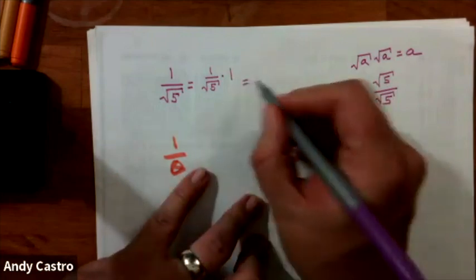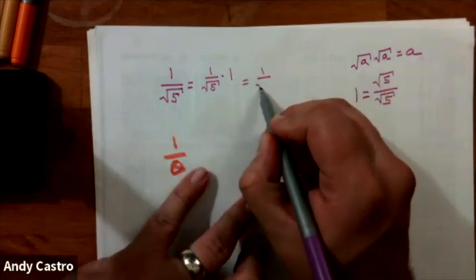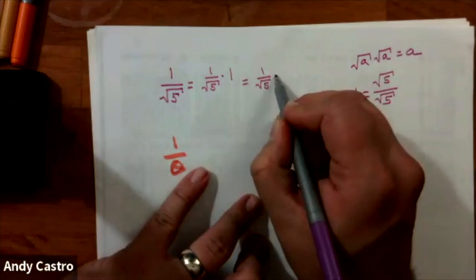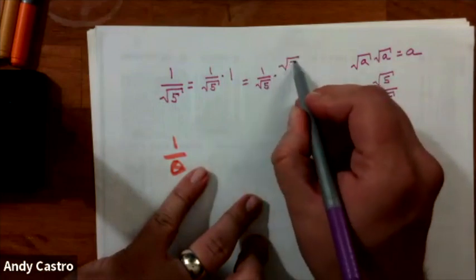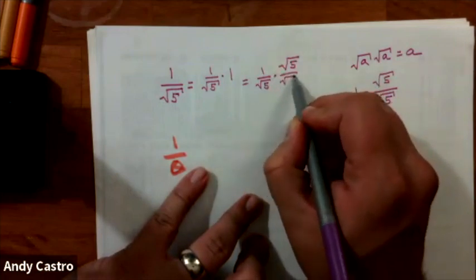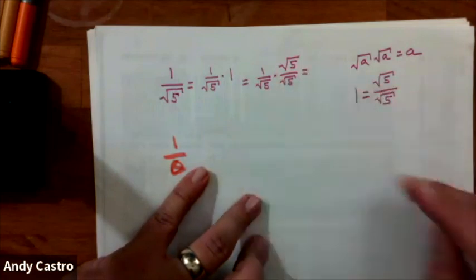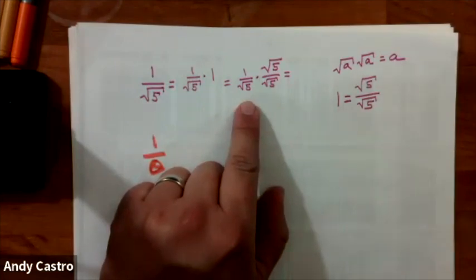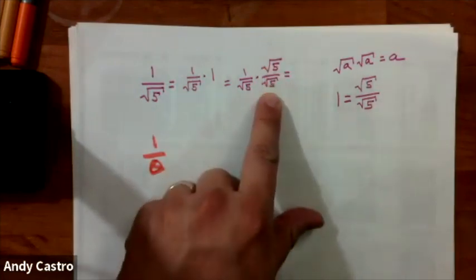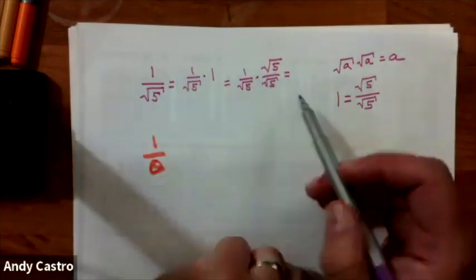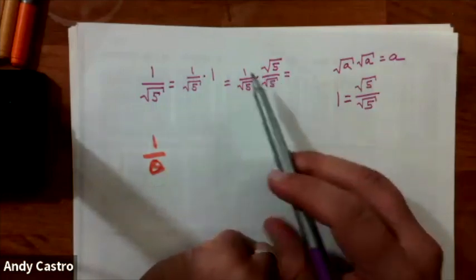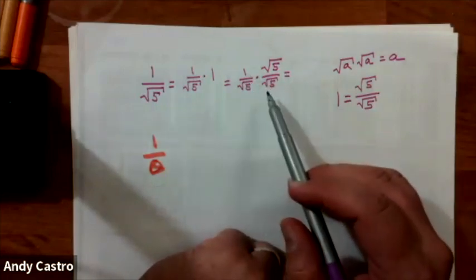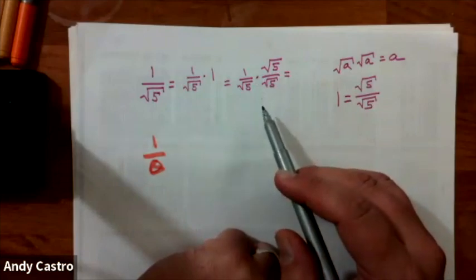And the reason that I'm doing that is because I want the bottom to multiply out the radical. So now if I do 1 over the square root of 5 times the square root of 5 over the square root of 5, in order to perform this operation, we're multiplying two fractions together.